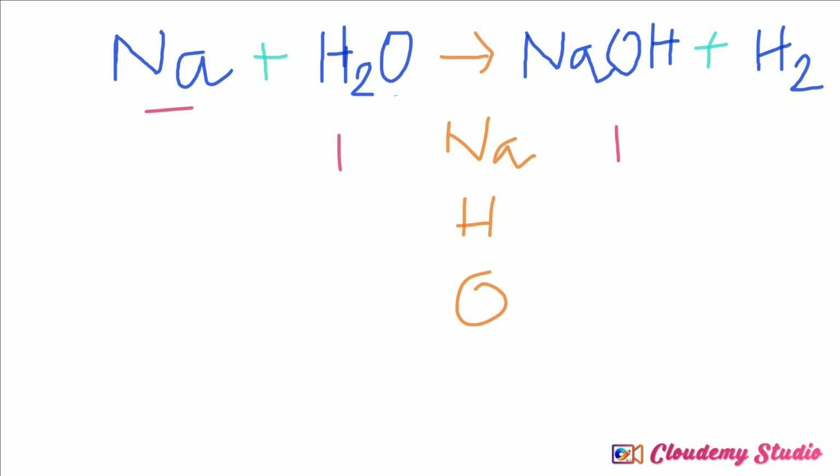Hydrogen at the left hand side, how many atoms are there? Here in water, 2 hydrogen atoms are there. So we can write at the left hand side, 2 hydrogen atoms. Hydrogen at the right hand side, how many atoms are there?